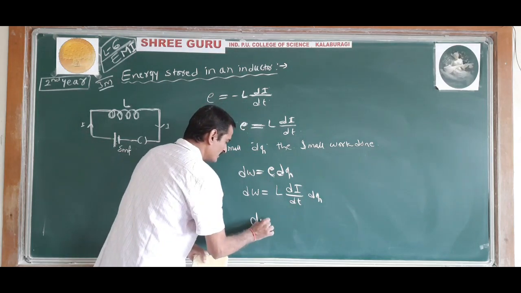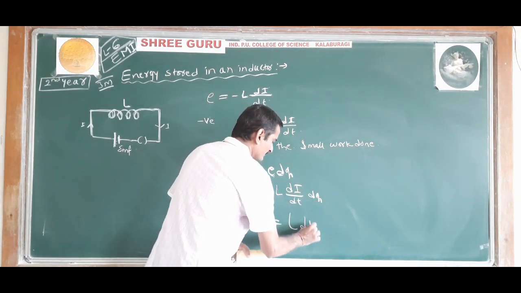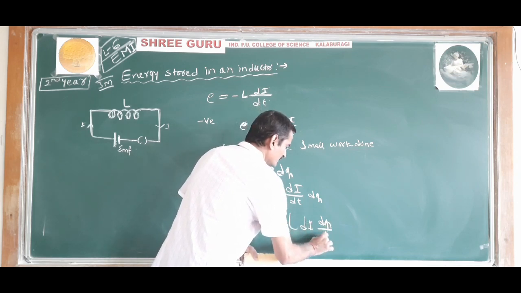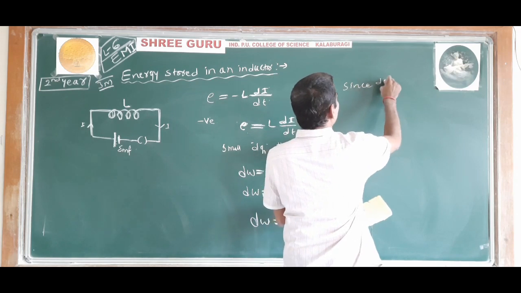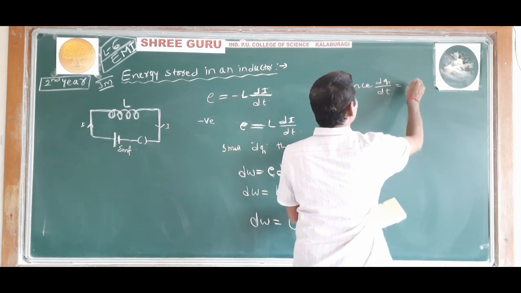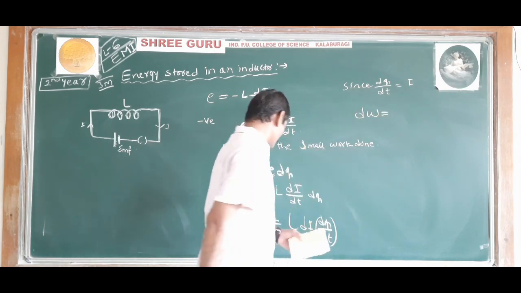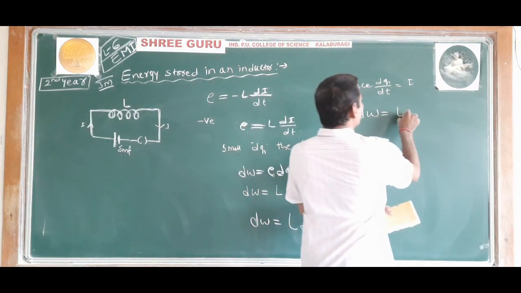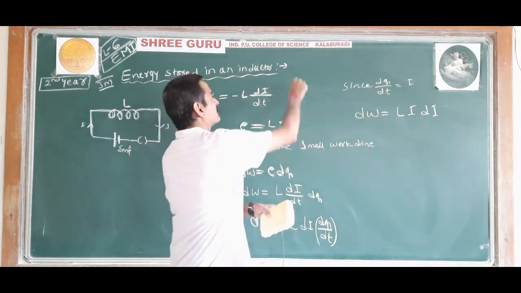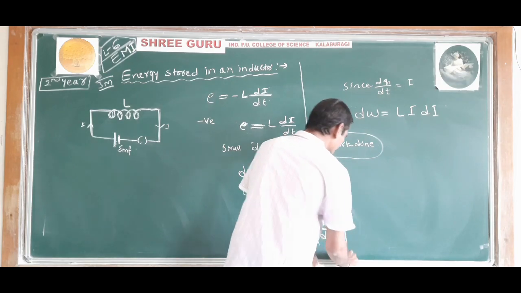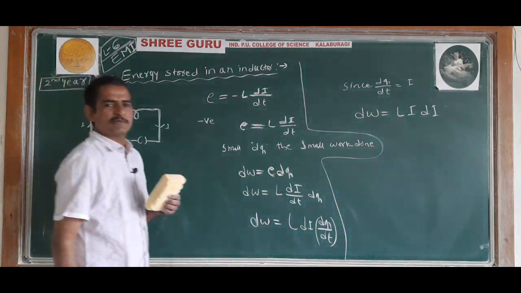So dW is equal to L di into dq by dt. Since dq by dt is nothing but I, therefore dW is equal to L I di. This is the small amount of work done for a small charge dq to pass through the inductor, and this work is done by the EMF of the battery.